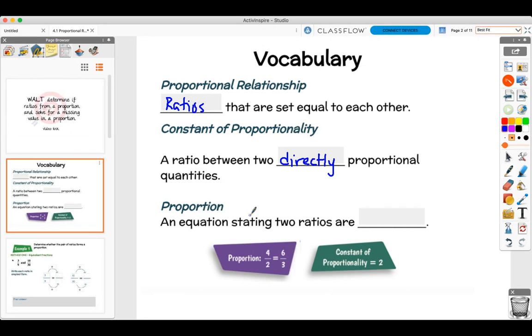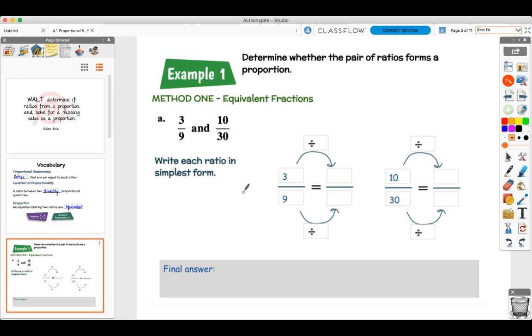Proportion: an equation stating two ratios are equal, or let me use the word equivalent. They're equal, but equivalent's a better word. So this is a proportion because these are two ratios that are equivalent. So let's do some problems now.